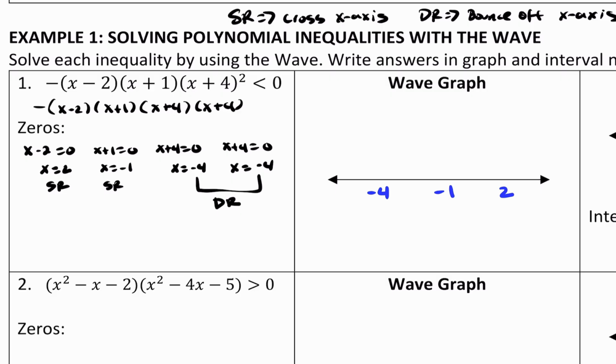They should be in order because this is a number line, or this is the x-axis, so they should be in order from least to greatest, right? So all of these points should be open dots. Now, let's go ahead and figure out what the wave of this thing looks like.